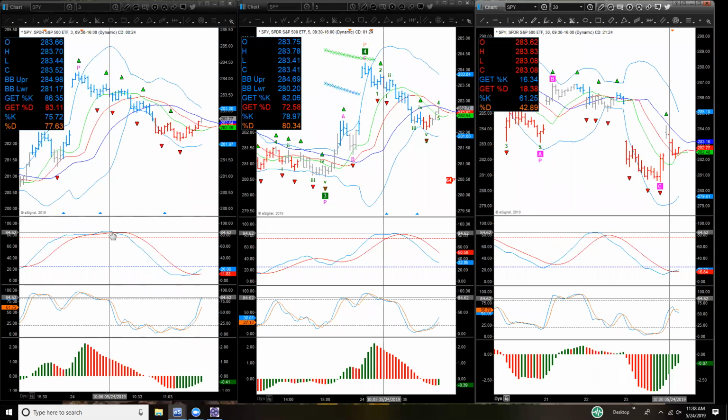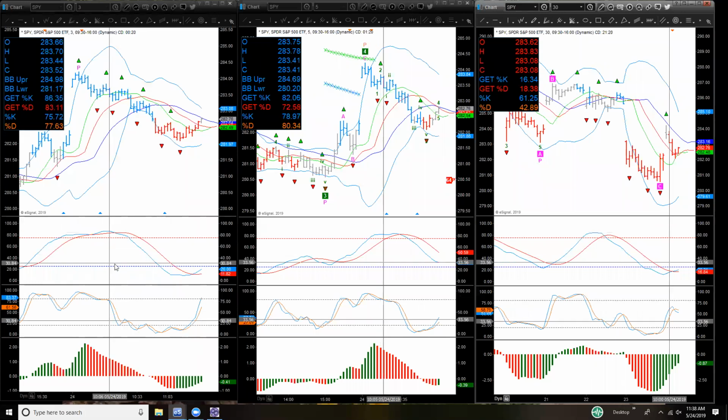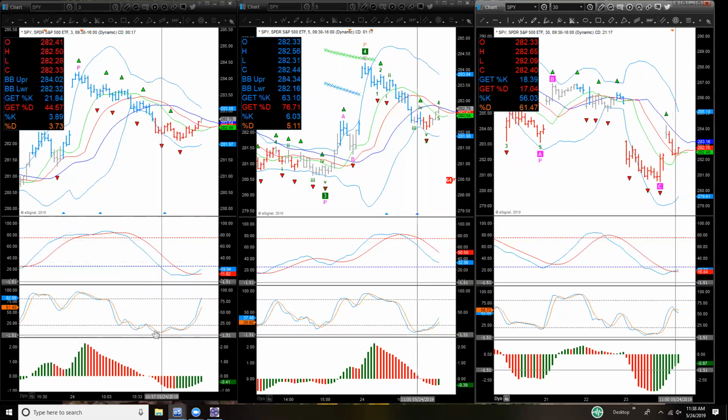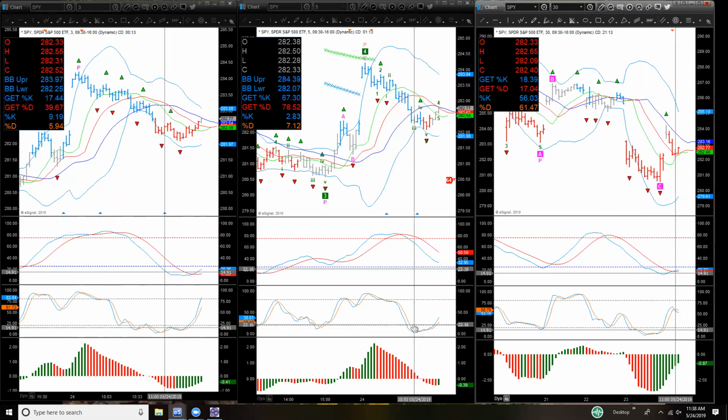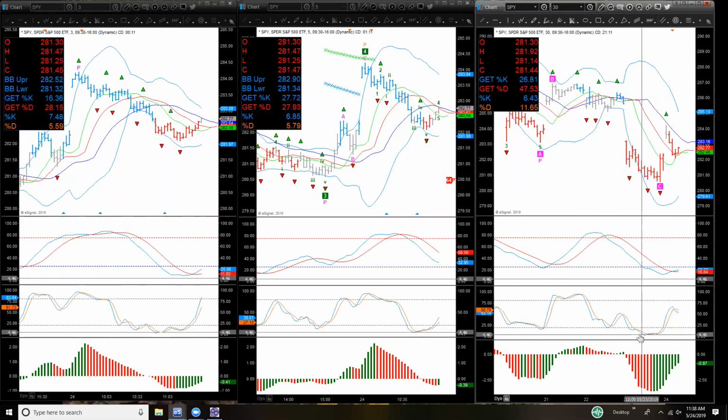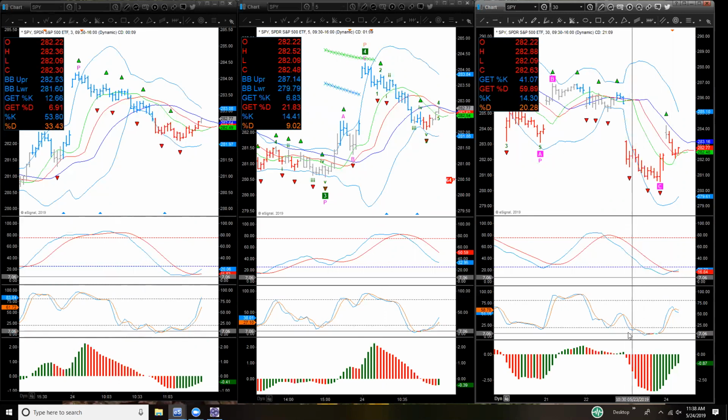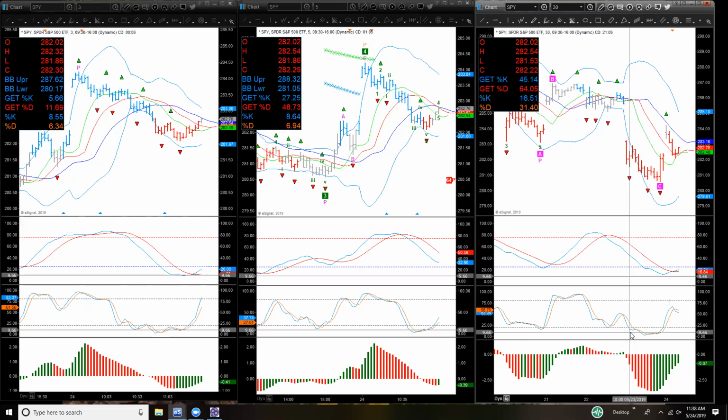So what ended up happening is we ended up moving lower. And again, going back to the charts, when I saw the 3-minute and the 5-minute towards the bottom of the range, and the 30-minute was getting down, the traditional stochastics was getting down towards the bottom of the range, that implied to me that the next bigger move was probably going to be back to the upside.